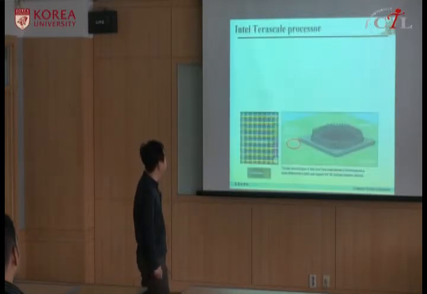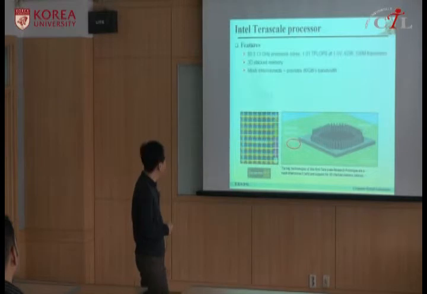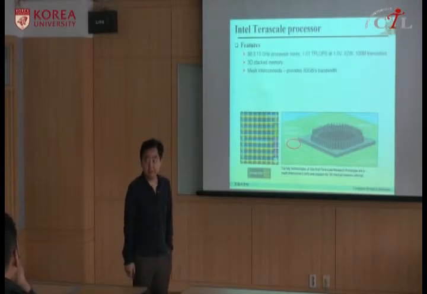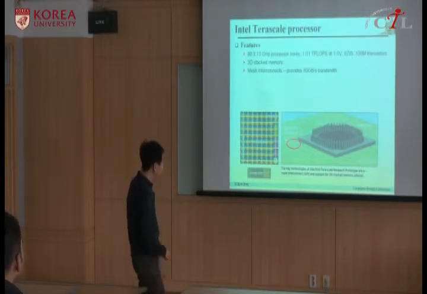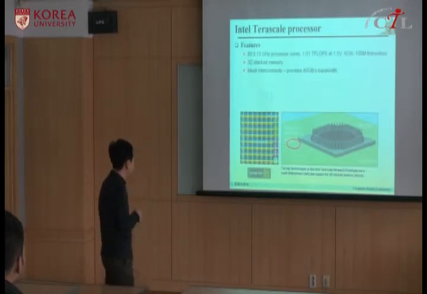And this is an example of Intel's Terascale processor. They have 80 cores in this chip. So 80 cores at 3.13 gigahertz, and it achieves 1 teraflops with a single chip. It consumes about 62 watts of power. And they have 3D stacked memory.